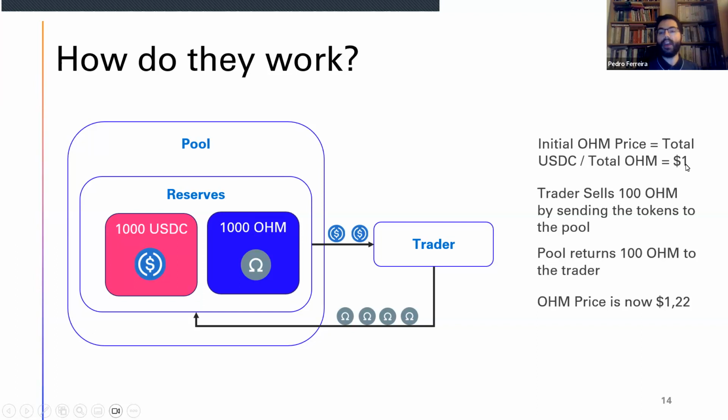What they made is, the initial price was $1. The person bought the token, which led the token to $1.22. But then the person wanted to sell, or another user wanted to sell, which will put the token again at $1.